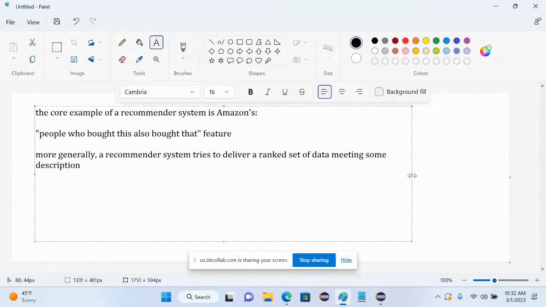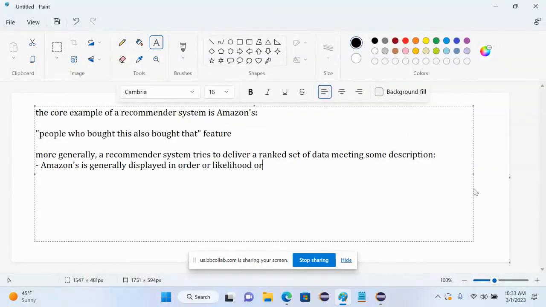And there are all sorts of different recommendation systems out there. So again, Amazon's is one. Amazon's is generally displayed in order of likelihood of purchase, plus value of purchase.